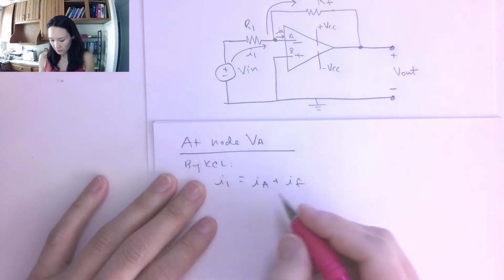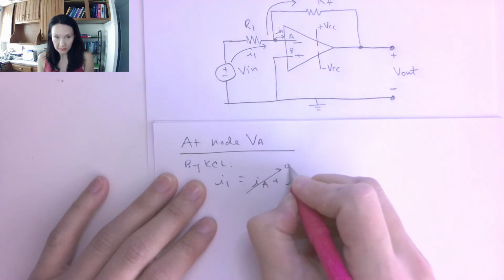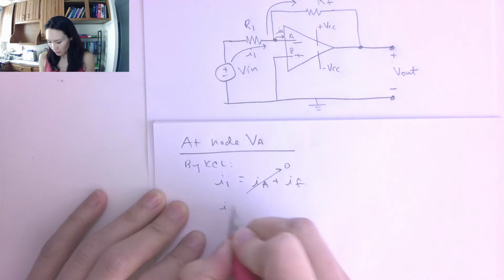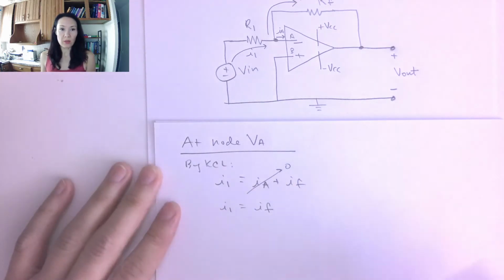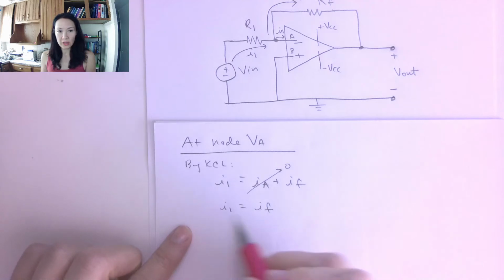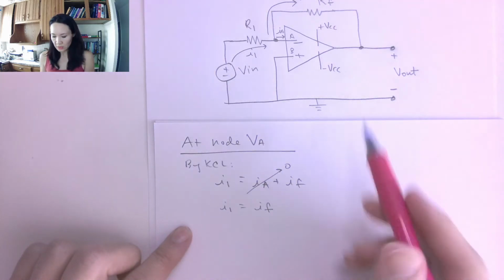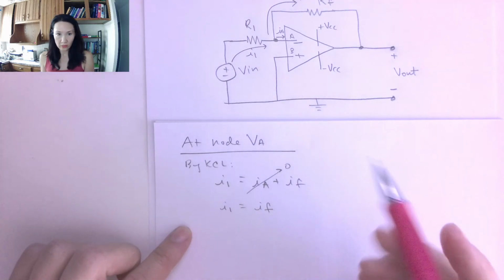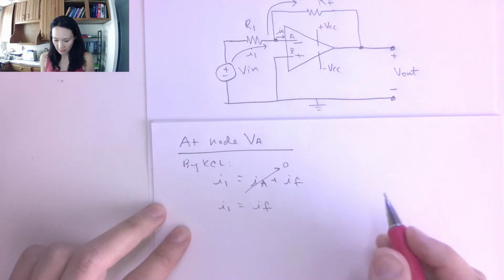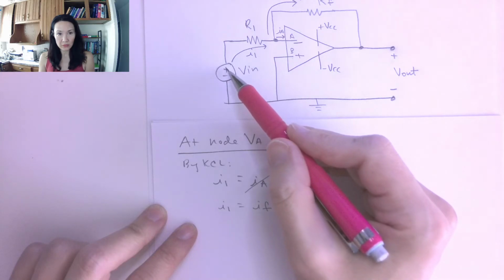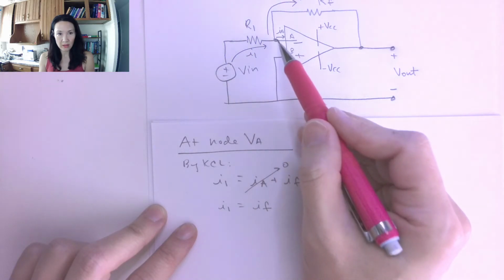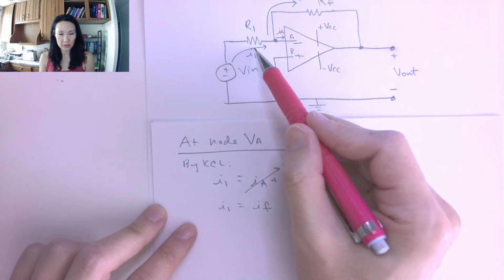Okay, but we know from the ideal op-amp approximation that IA is actually 0, so our equation is I1 is equal to IF. And now at this point, I'm going to replace my currents with an equation in terms of V over R, right? So I'm just using Ohm's law there. To replace I1, this is going to be the voltage difference between this voltage and that voltage divided by the resistor between.